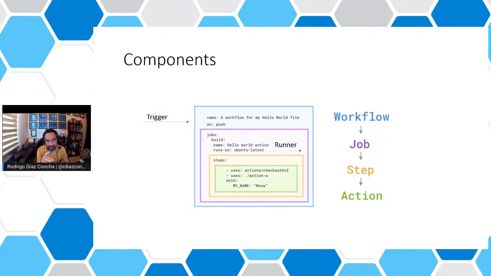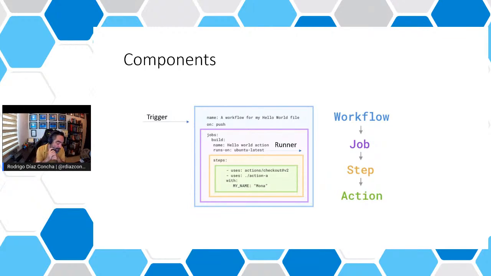So a workflow has one or more jobs, and a job is a group of different steps that we want to execute as a unit. Okay, for instance, here in this diagram, I have this build job. The name could be anything you like. In this case, this example has the build name. And inside the job, we have one or more steps.